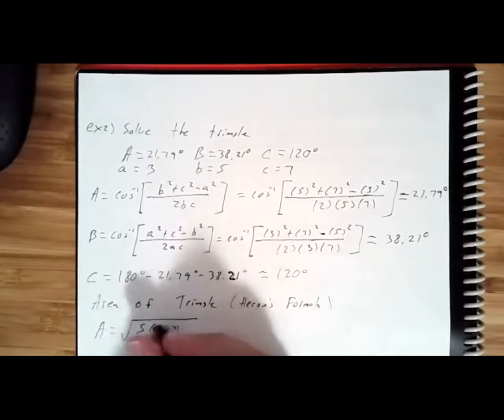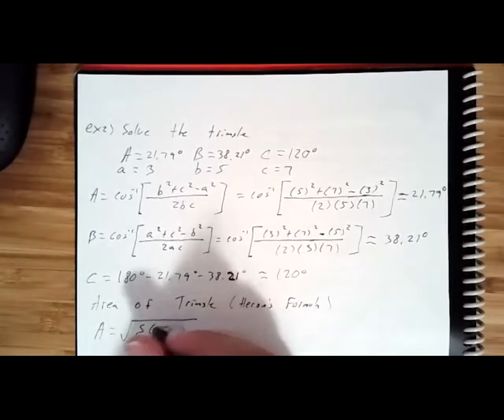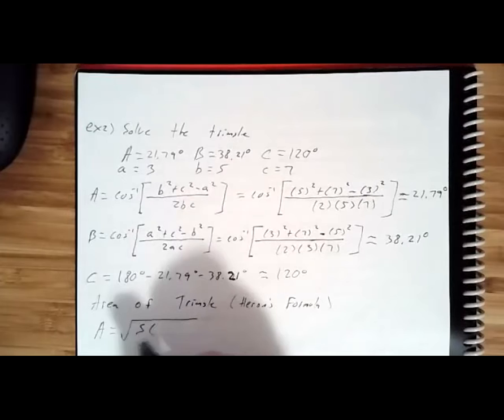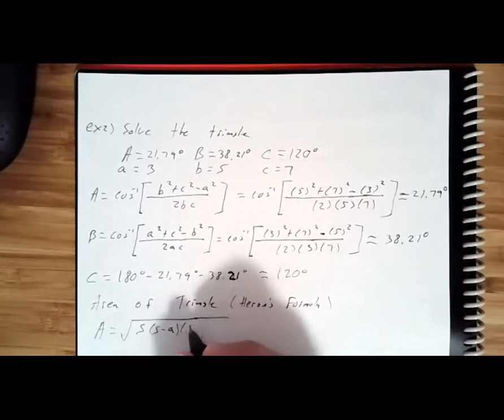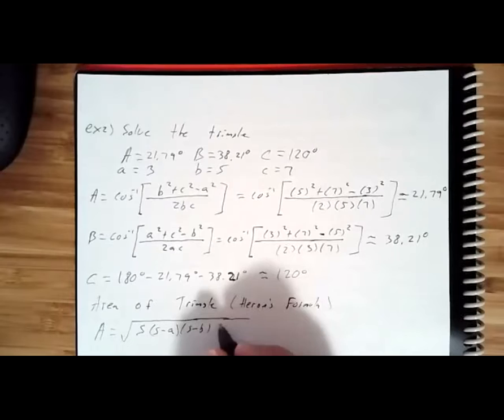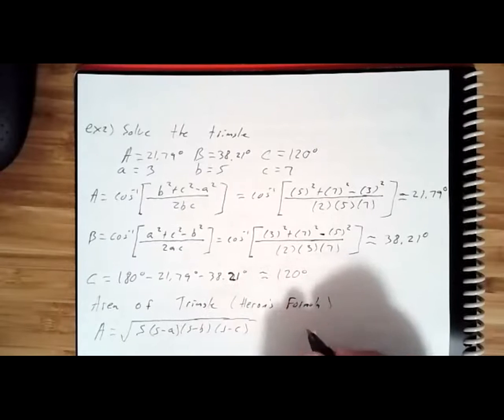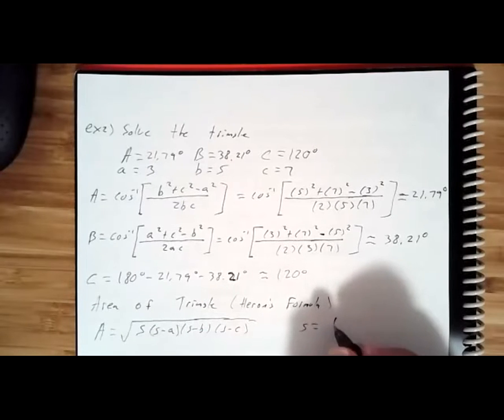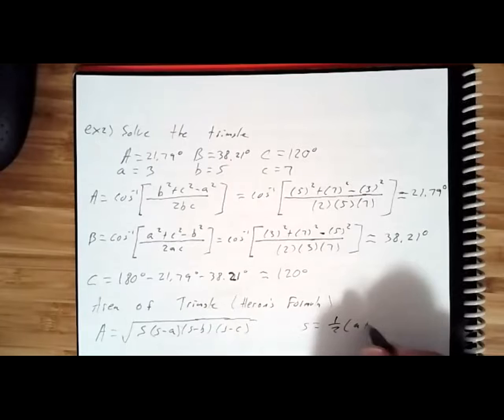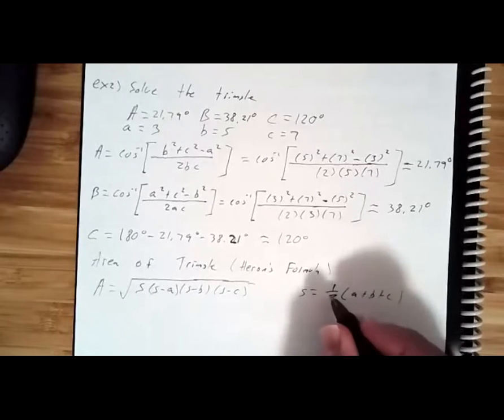Oops, I got it backwards. S minus a. Excuse me. S minus b, s minus c, where s is equal to half of all the sides added together. So the sum of all the sides divided by 2.